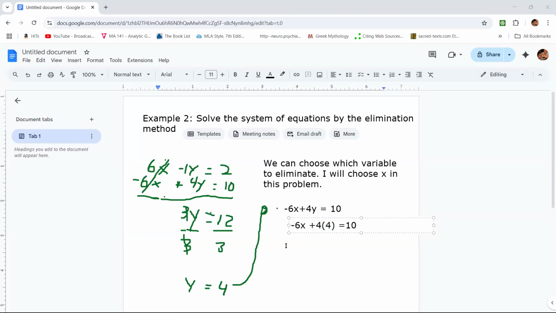Now, I'm going to continue. So I have negative 6x plus 16 equals 10.